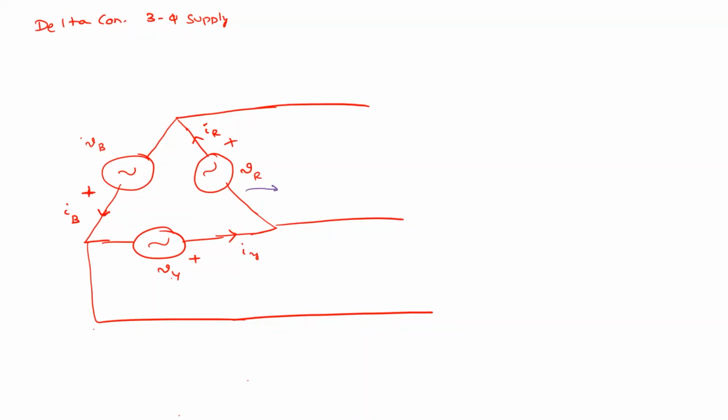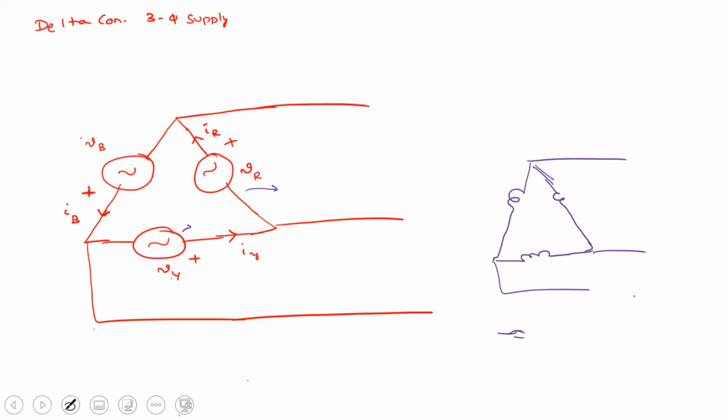So this is actually a generator. Sometimes, instead of voltage sources, the three-phase supply is represented as inductors. This is one way to represent the three-phase source, but it is not exactly inductors. This is the winding of the generator.